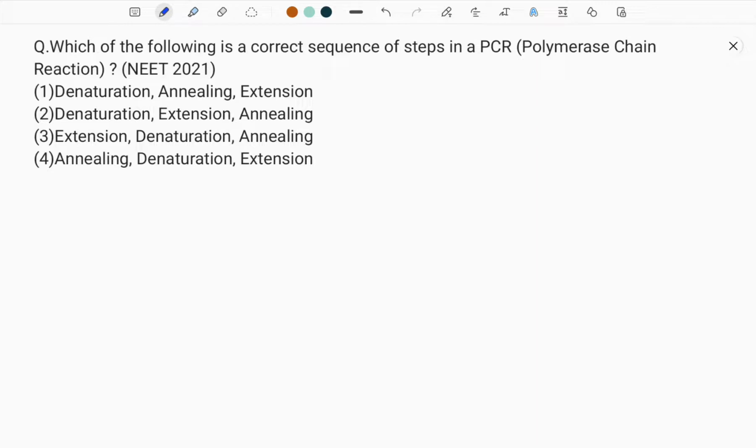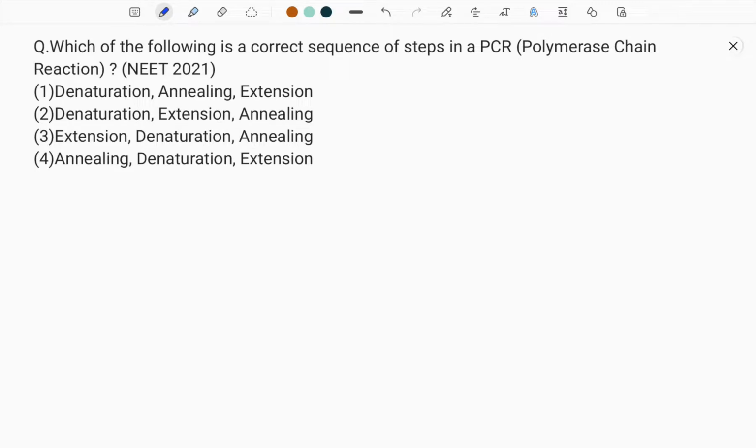I have told you that PCR, that is polymerase chain reaction, was invented by Kary Mullis in 1985 and he was conferred with the Nobel Prize in Chemistry in 1993, and PCR is used to detect HIV in suspected patients, mutations in genes of suspected cancer patients, and to detect genetic disorders.